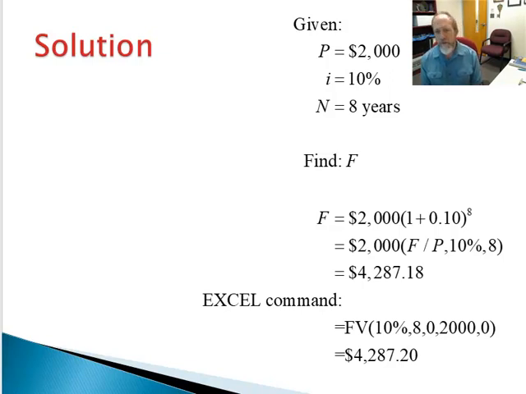Find the future value: $4,287. You can do it with the FV command in Excel, and it's going to give you the same answer. Nice to know: in 8 years' time, $2,000 invested at 10% interest is going to be more than doubled. Woohoo! Not too bad if you can get 10% interest.